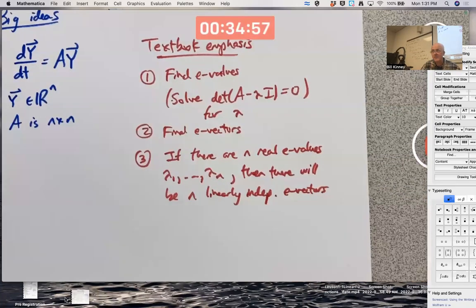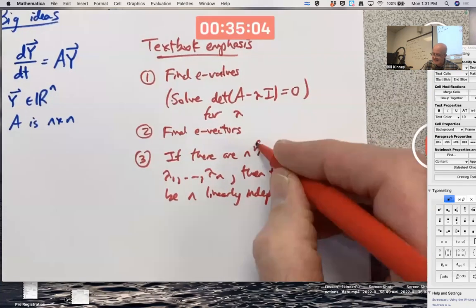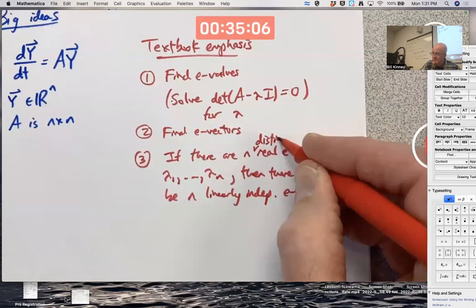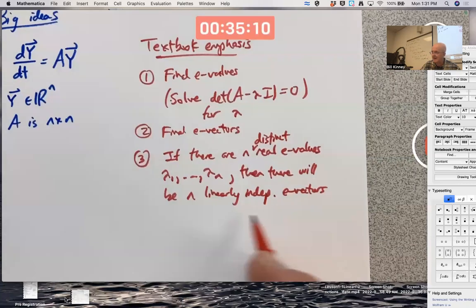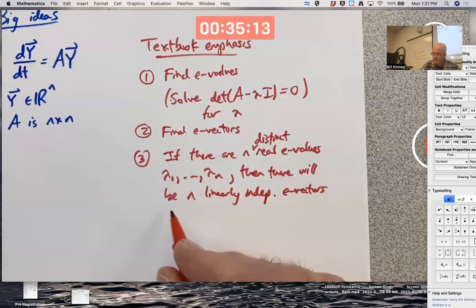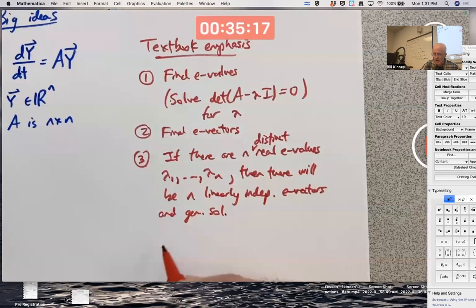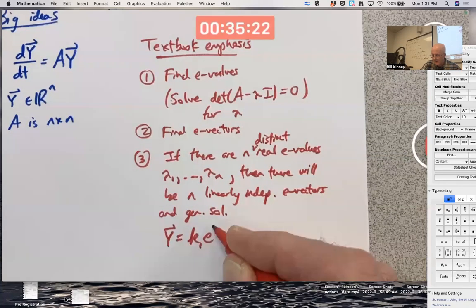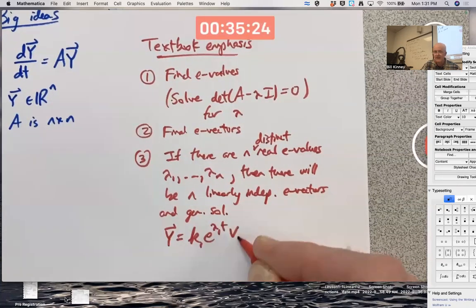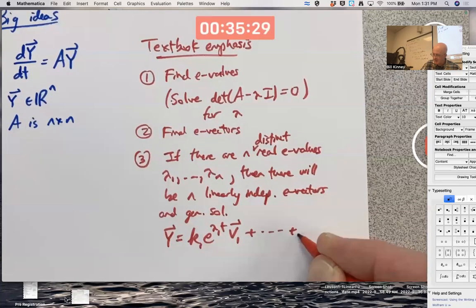That's a theorem. When you have n real eigenvalues that are distinct, I forgot the word distinct, n distinct, that's important to emphasize, real eigenvalues, then there will be n linearly independent eigenvectors, and your general solution will be y equals k1 e to the lambda 1 t times the corresponding eigenvector v1 plus etc. Every term will be of that form.